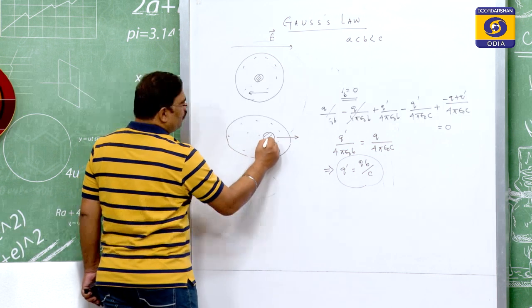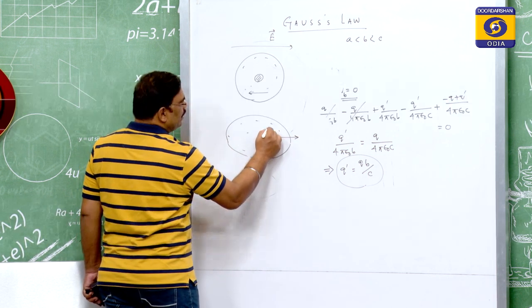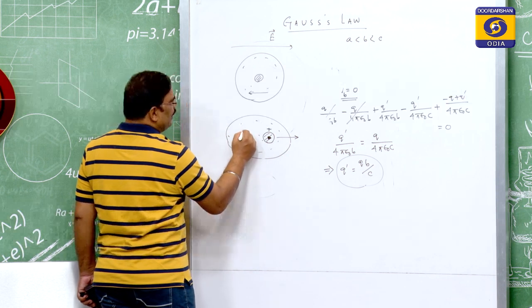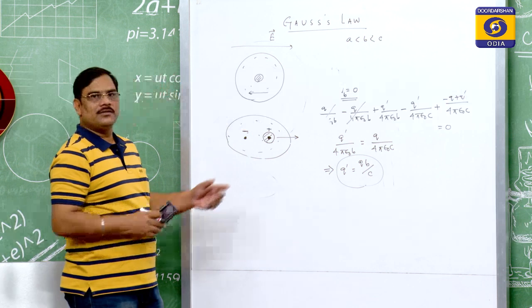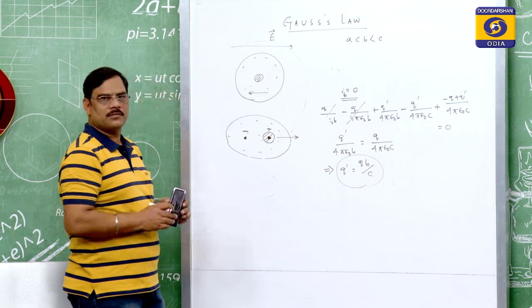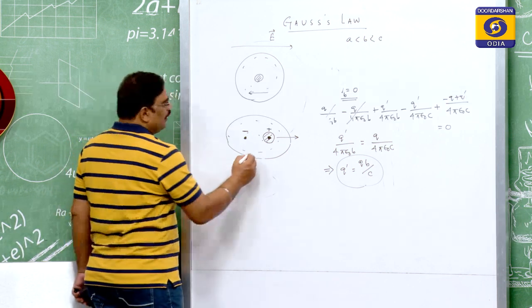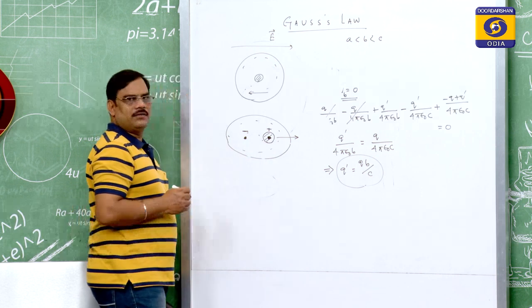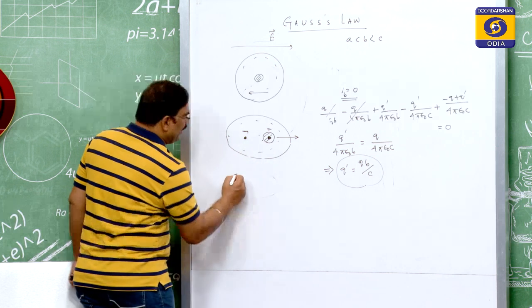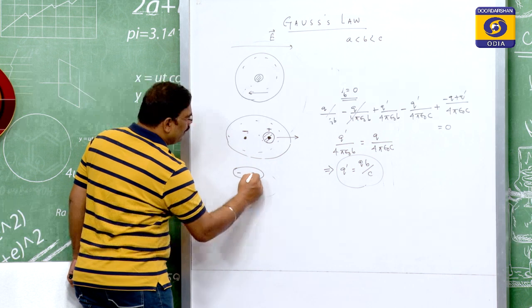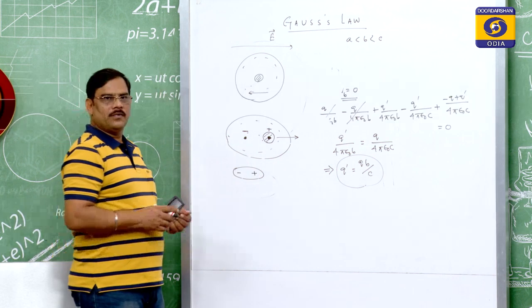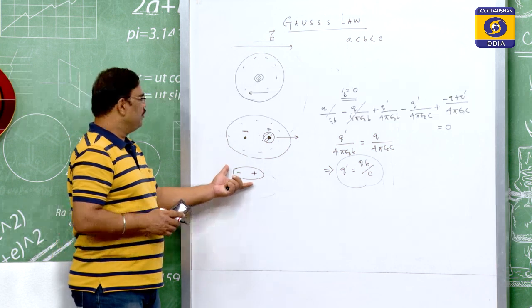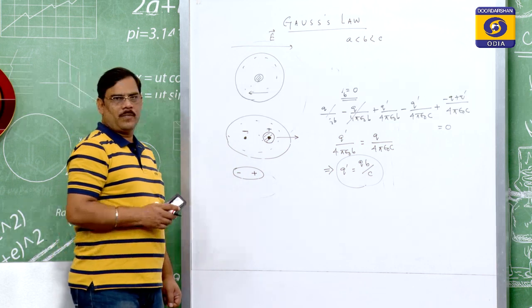So, the positive charge center and the negative charge center are now separated by a small distance. So, any atom or molecule can now be represented by an electric dipole. This is because of the polarization.